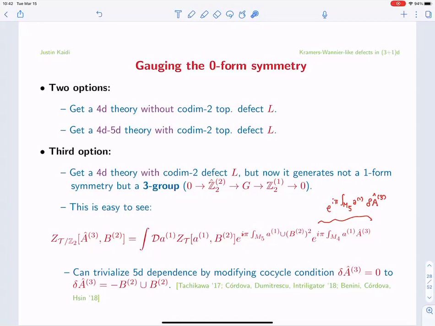I think so, yes. Sorry, one-form gauge theory in 5D? No, zero-form gauge theory. I think that is the same question I asked. I think he asked, in the second option, is the bulk non-invertible, having a one-form Z2 gauge field by gauging the zero-form Z2 symmetry.